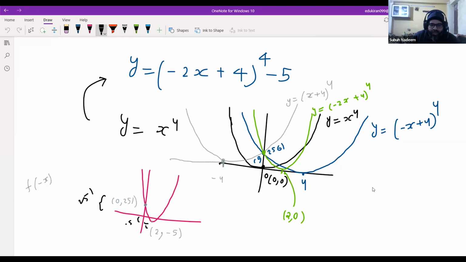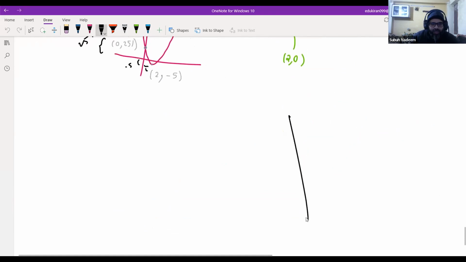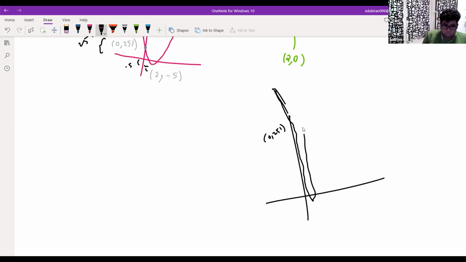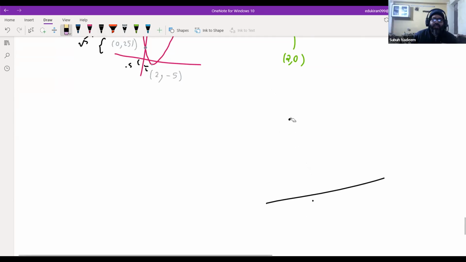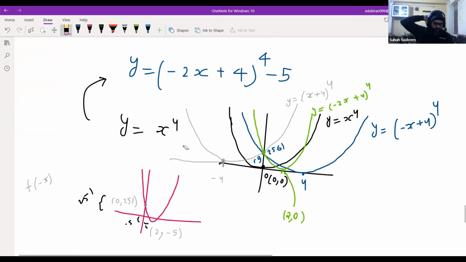So if you ideally draw this graph, it would be something like this: this is 2 comma minus 5, and then the graph would be like this, going to infinity, and at 0 comma 251 it will intersect the y-axis, and here also it will be similar. So they may have considered that as scaling. I have not considered that as scaling. I was more interested in the points. So it is okay, no issue.